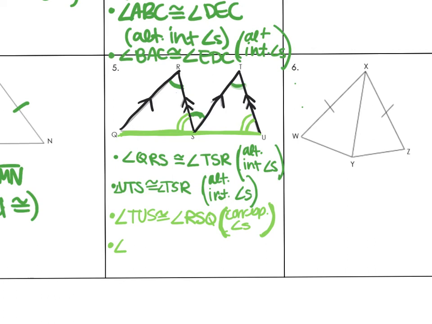So I would say RQS, I'm going to put 3 swoops this time, is congruent to angle, and then see if you can name the other corresponding angle again. Okay, hopefully you're checking your answer, and you should have either angle TSU or UST. I could read it backwards as well. Okay, so now we've proven that all 3 angles in both of those triangles are congruent.